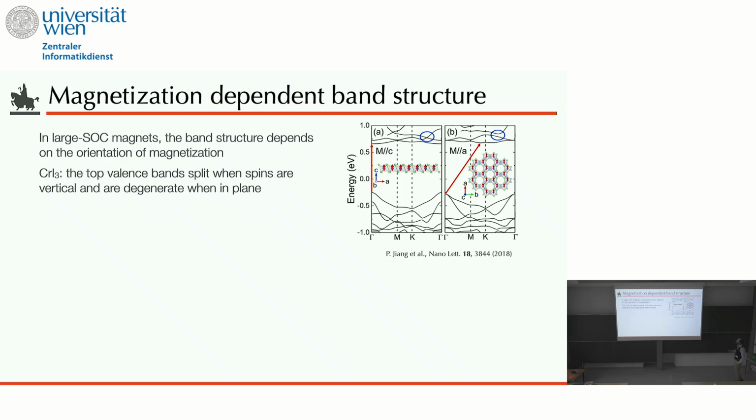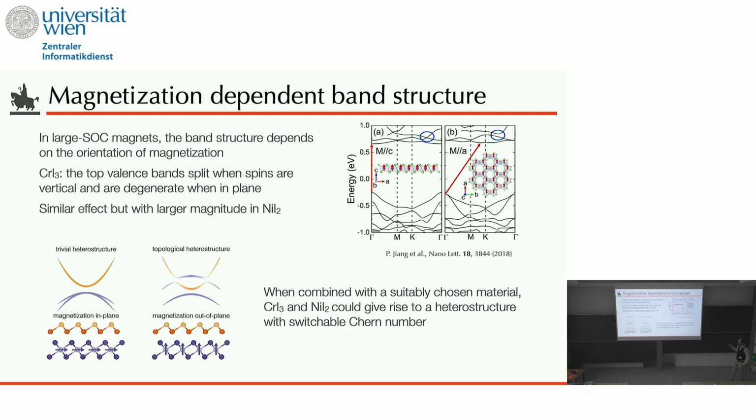target of this paper. What caught our attention was more the top of the valence band. You see that with the spins out of plane, the bands are non-degenerate, while you have the degeneracy when the spins are in plane. And in particular, you also have a change in the position of the top of the valence band. A similar effect can also be found in other 2D magnets, like nickel iodide, just to mention one.